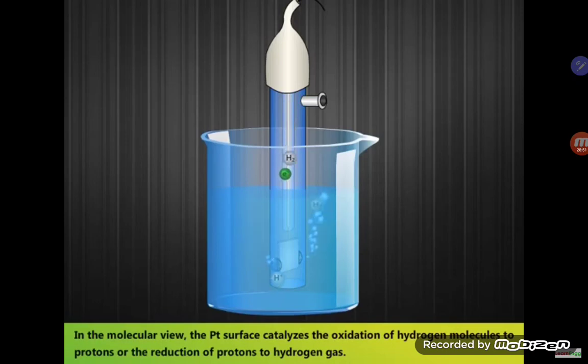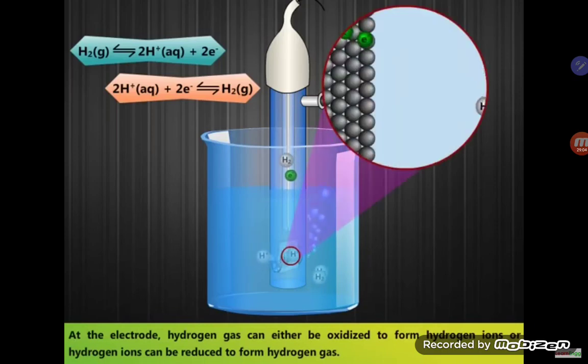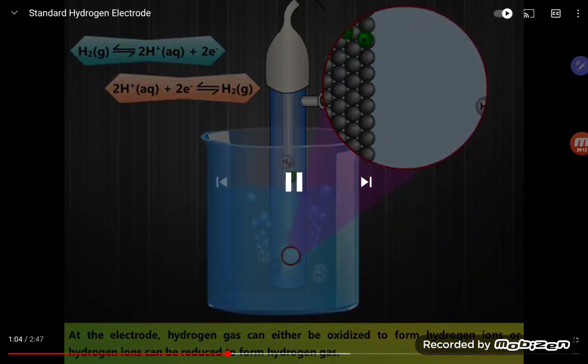In the molecular view, the Pt surface catalyzes the oxidation of hydrogen molecules to protons or the reduction of protons to hydrogen gas. At the electrode, hydrogen gas can either be oxidized to form hydrogen ions or hydrogen ions can be reduced to form hydrogen gas.